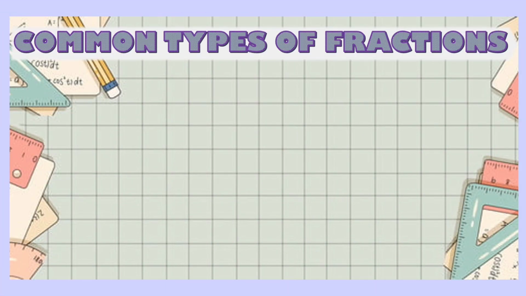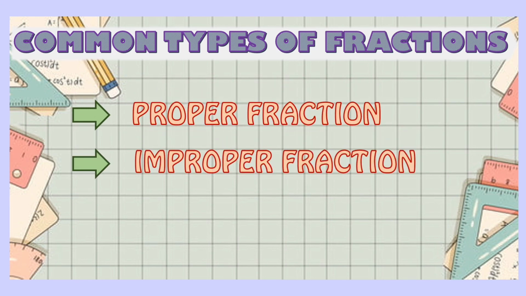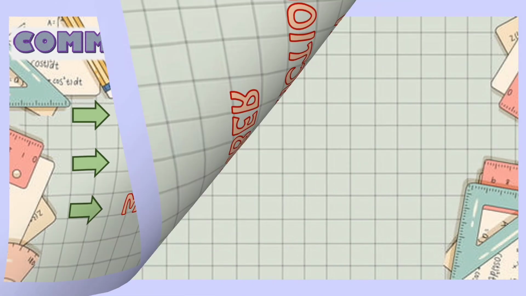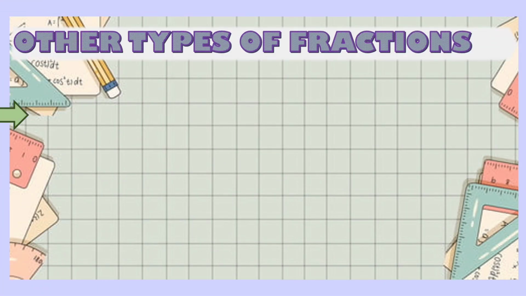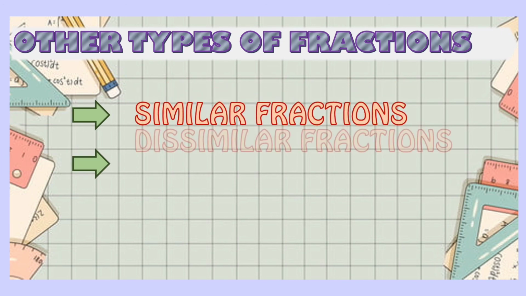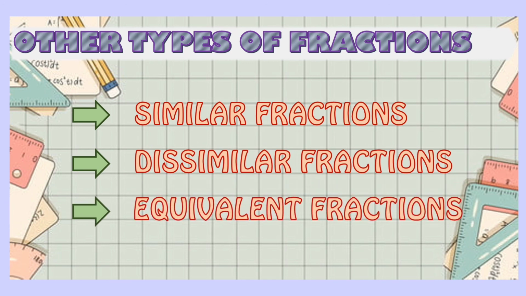The common types of fractions are proper fraction, improper fraction, and mixed number. While the other types of fractions are similar fractions, dissimilar fractions, and equivalent fractions.